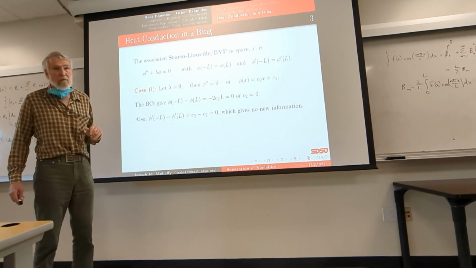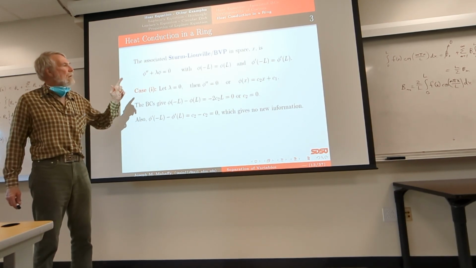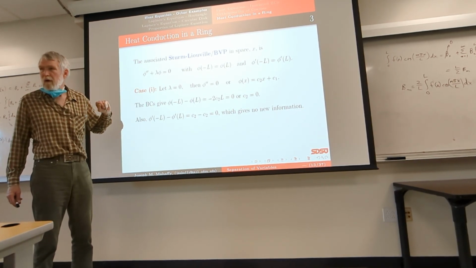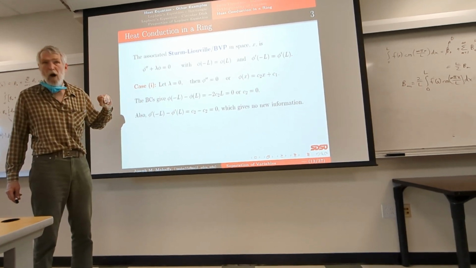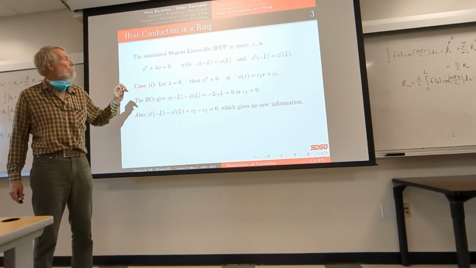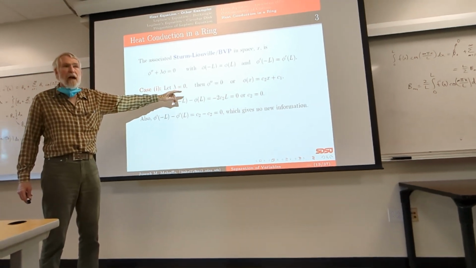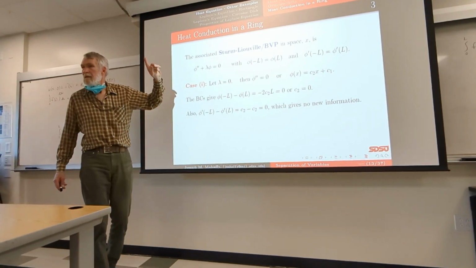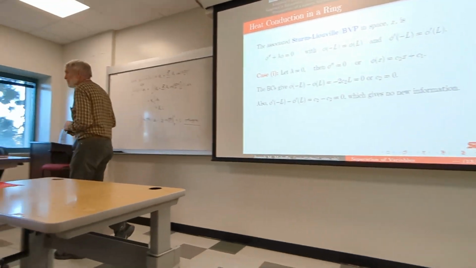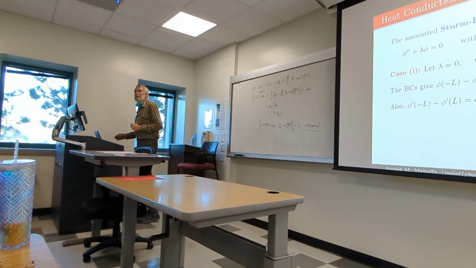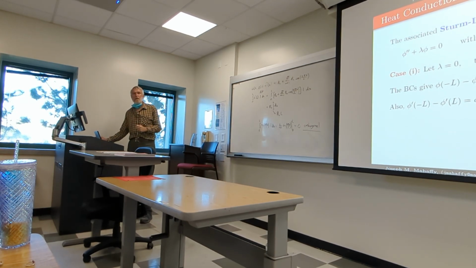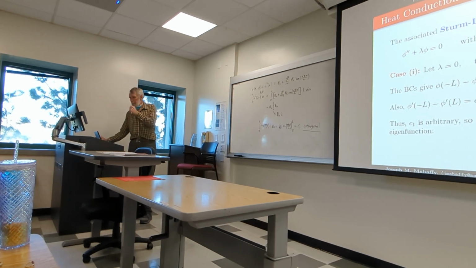So you get no information from that, so we can see that C1 is once again arbitrary. That says that for lambda 0 equaling 0 being an eigenvalue, you get eigenfunction 1, just like we did with the cosine. So periodic is giving us that. Any questions on that part? No surprise.